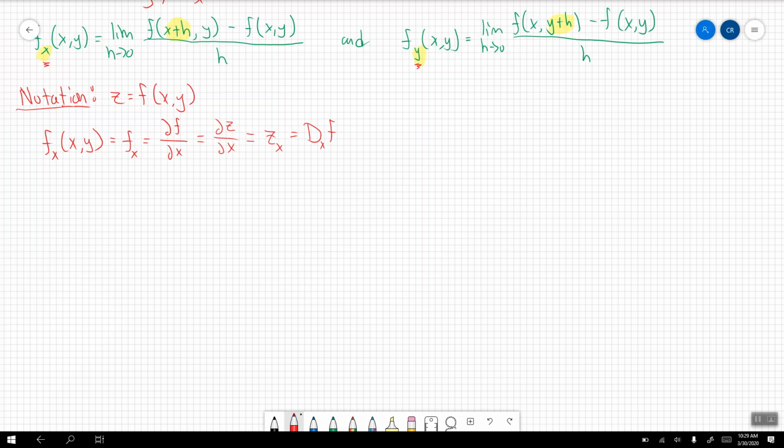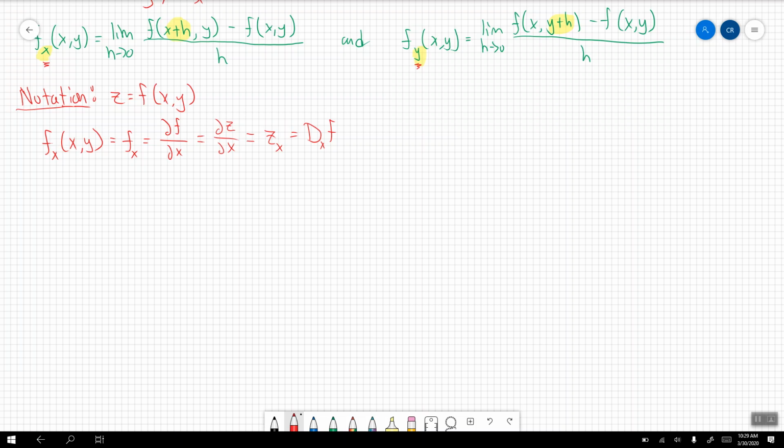Now, you're going to see that the very last notation, that capital D sub x of f, we want to use that notation once we get into directional derivatives. And that's going to be in about 3 more sections in 14.6, when we start looking at those directional derivatives.